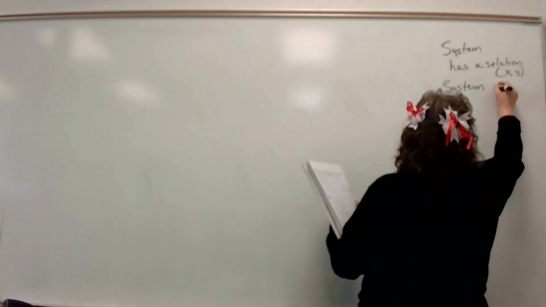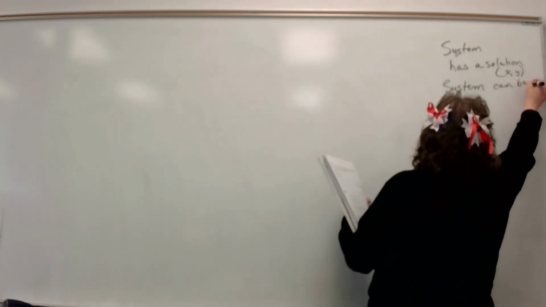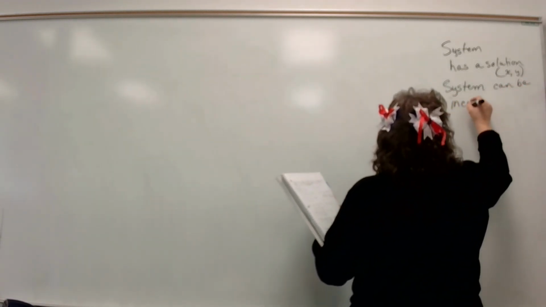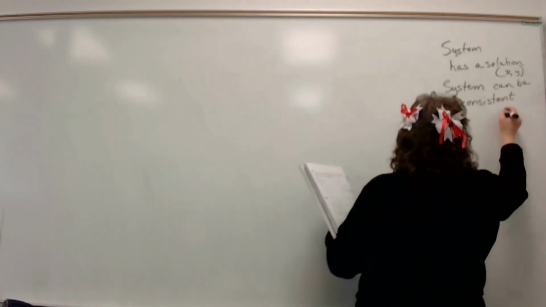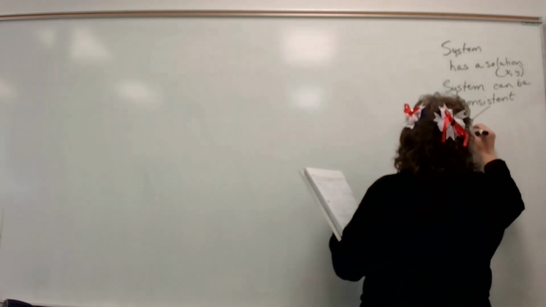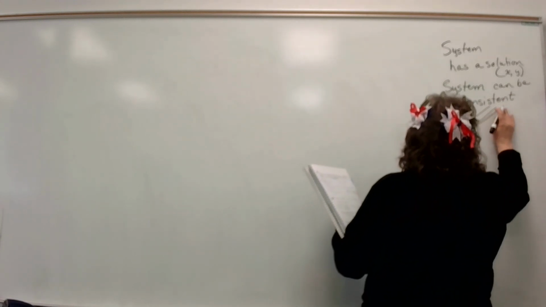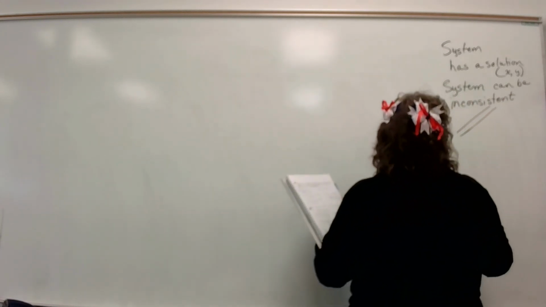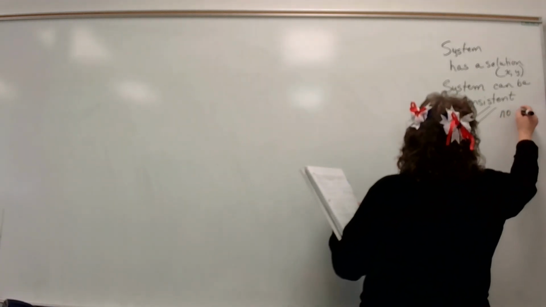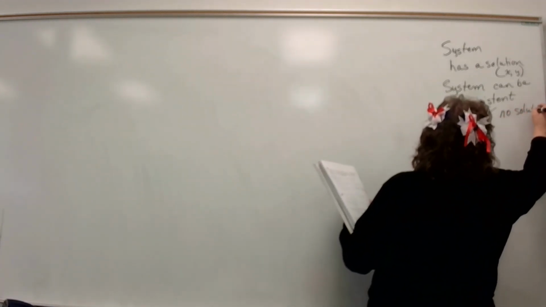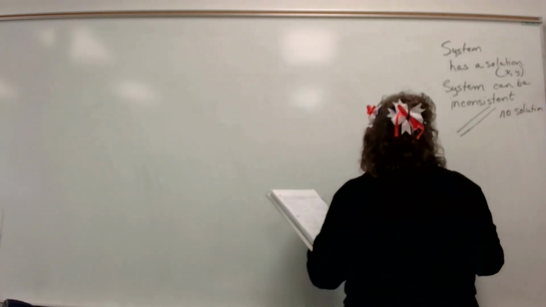Your system can be inconsistent. When your system is inconsistent, what you actually have are two parallel lines, which means they do not intersect and will never intersect, okay? So this one has no solution because parallel lines do not intersect.